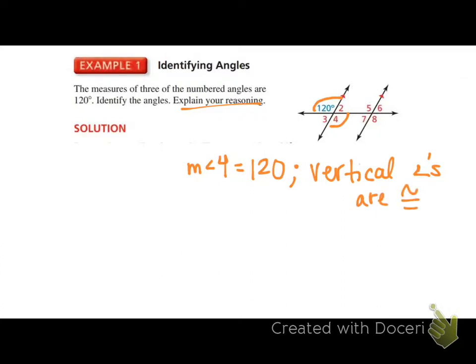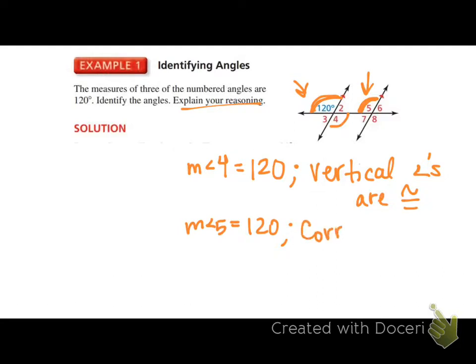That's the first one. The next one Noah said, and then everyone else echoed, it's true. Angle 5 will be 120. What relationship does angle 5 have with 120 degrees? They're corresponding. So 120 is in the top left, angle 5 is in the top left.